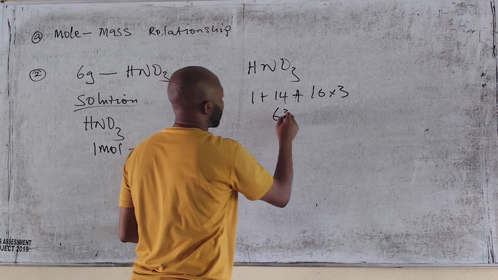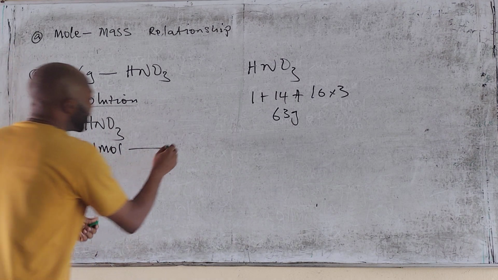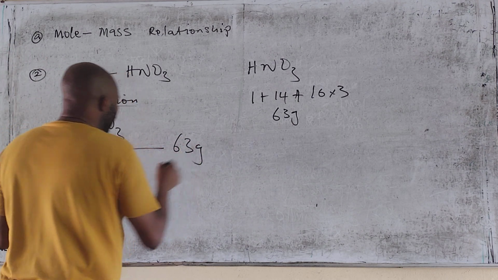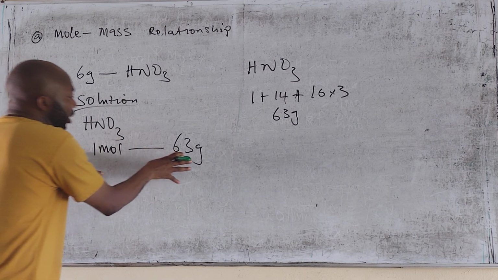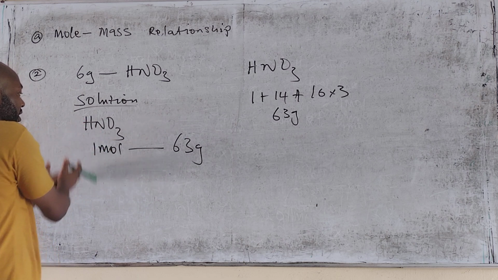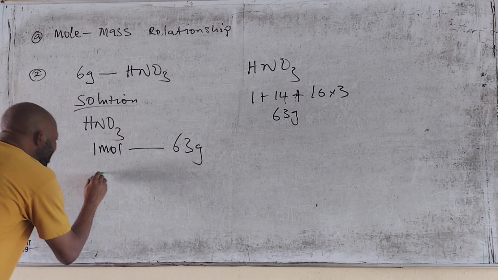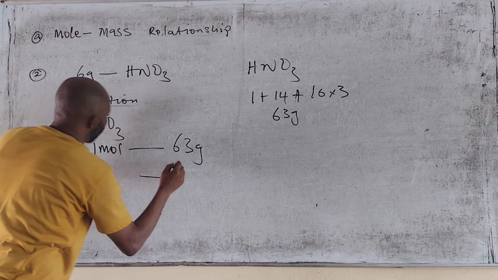So 1 mole of HNO3 is equivalent to 63 grams. These values are gotten from the mole concept, which gives us that relationship. 1 mole of this is equivalent to 63 grams of HNO3. So how many moles will give me 6 grams?